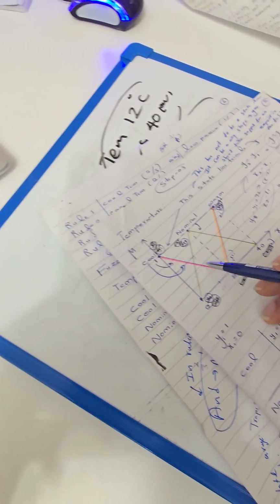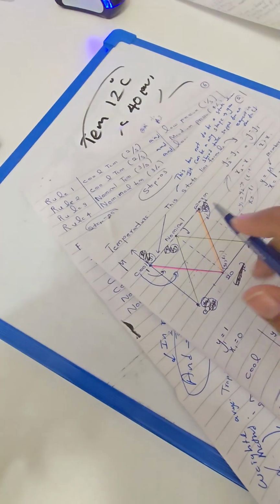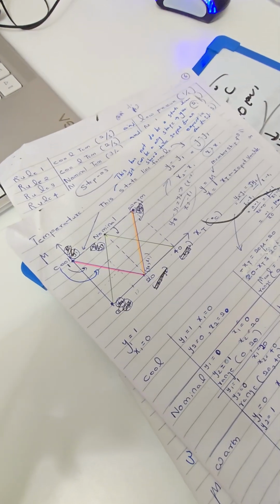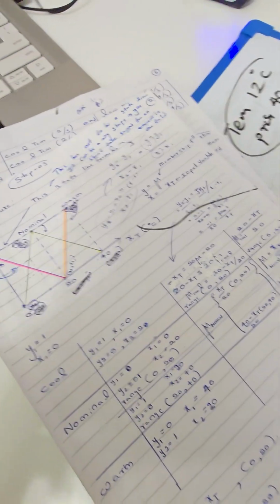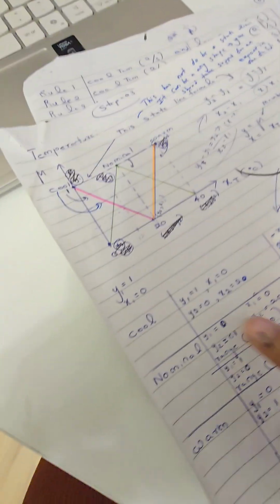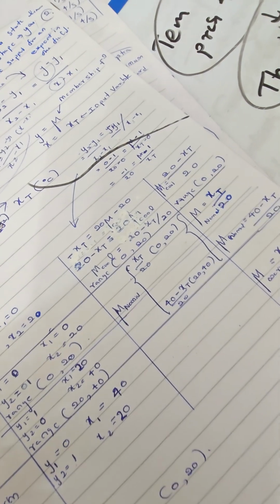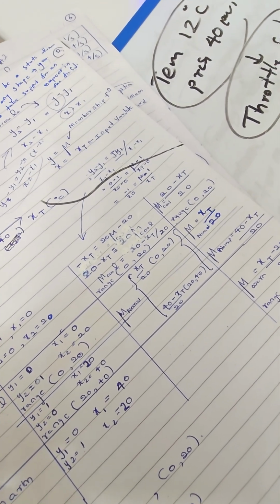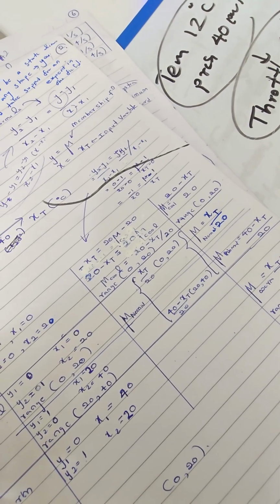Our first one is cool temperature. For cool temperature, we have to take our membership function: mu cool is (20 minus T) divided by 20.